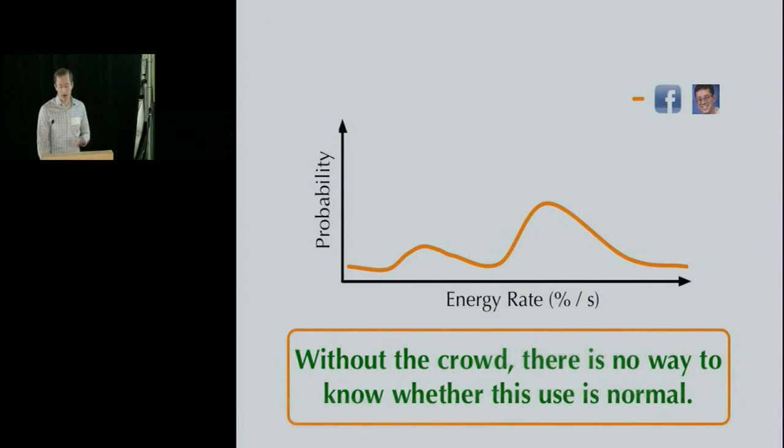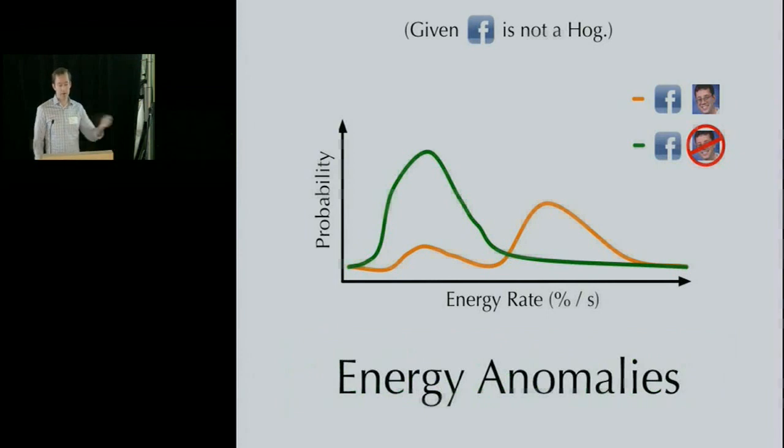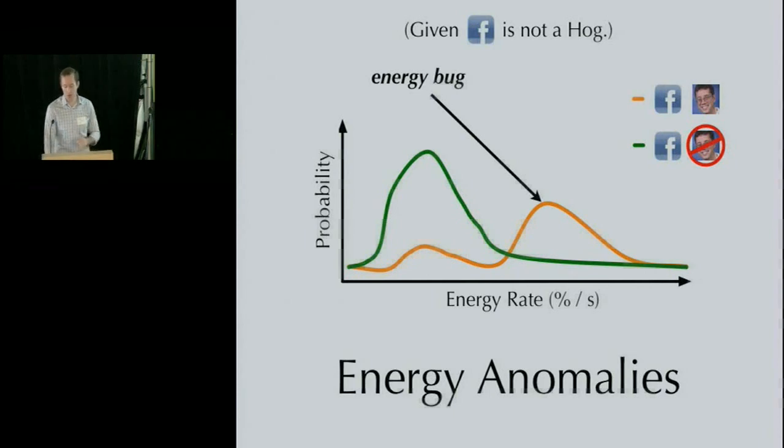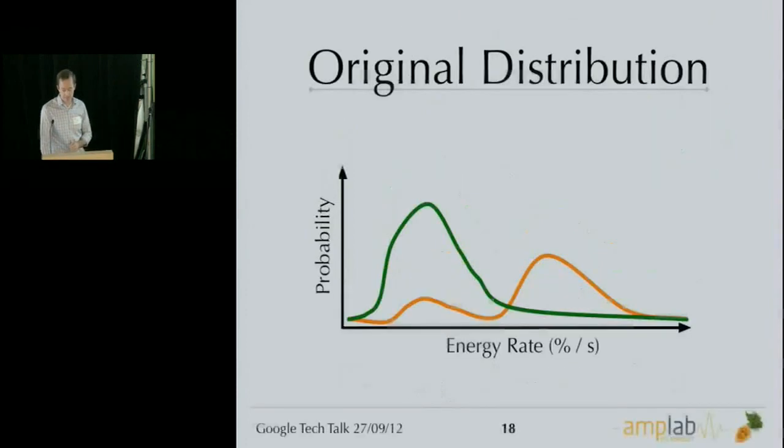If we have the crowd, however, we can say something about Facebook running on other people's devices. Is it the case that running on Jan's device, it seems to be using way more energy than on other devices? If that's the case, then we describe this as an energy bug. This is just a particular terminology that we use to describe comparisons between an app running on one device versus an app running on other devices. If it's using significantly more energy, then we call that an energy bug.